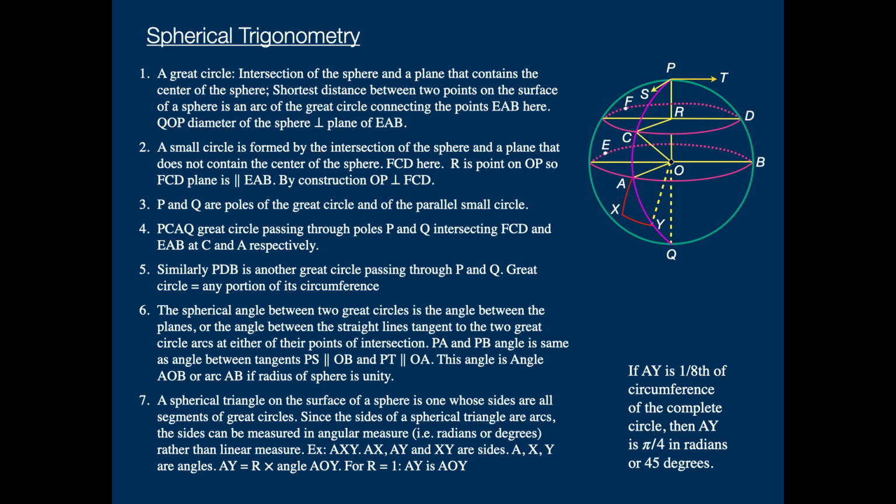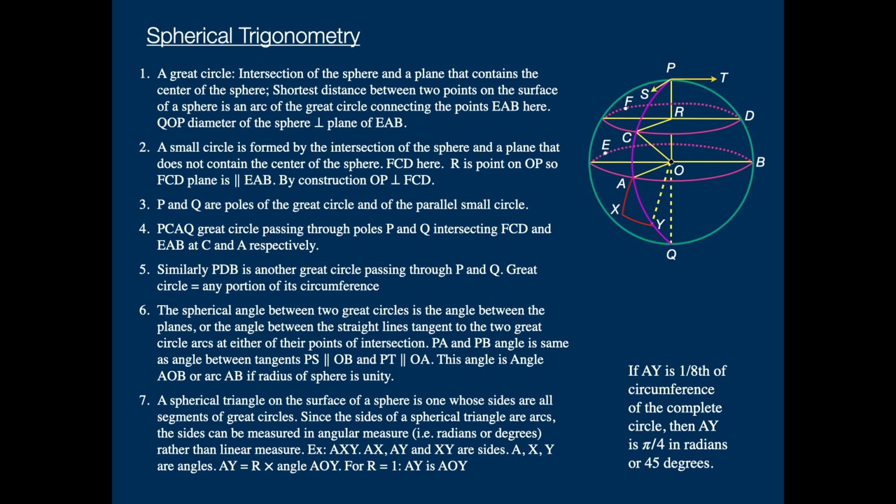And by construction, if R is the point directly above O on this diameter QOP, then OP is also perpendicular to the plane, because this is a plane parallel to the great circle. This is like a plane of parallel latitude or altitude.